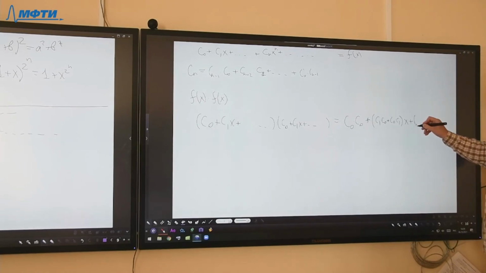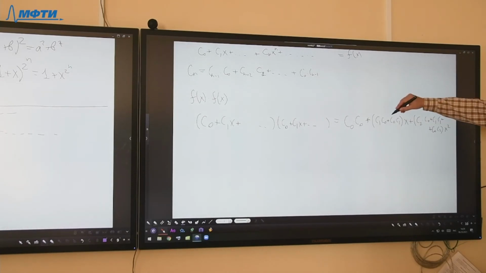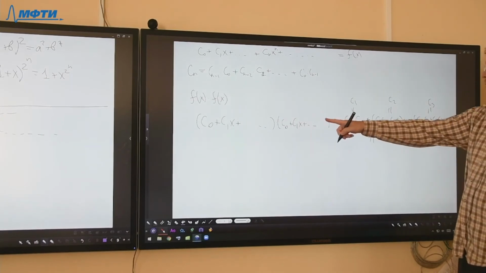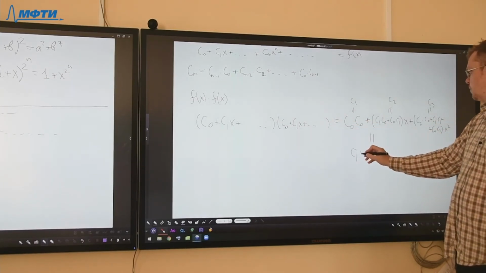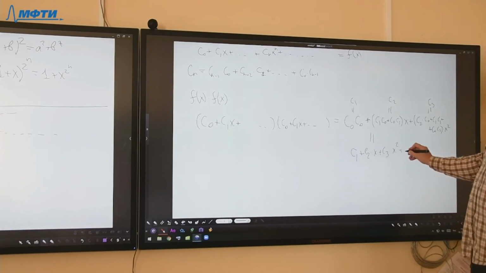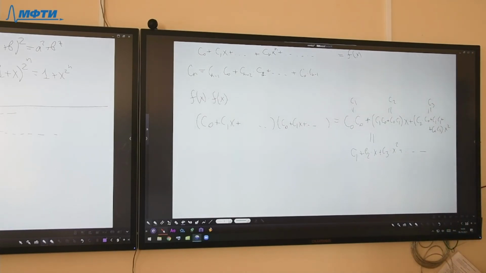Then I will have (C2 C0 plus C1 C1 plus C0 C2) times x squared. So this is C2, this is C3, this is C1. So if you multiply it by itself, we'll have a similar power series, but shifted by one power.